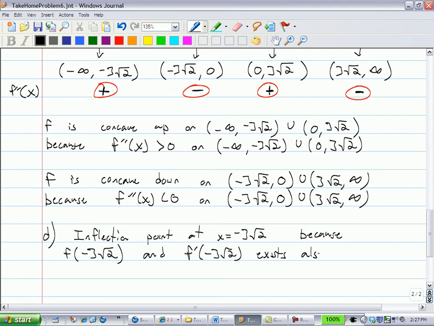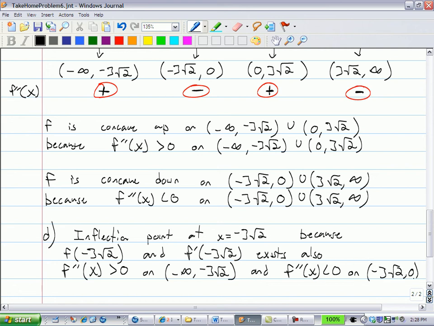Also, f double prime of x is greater than 0 on, now I'm going to show that the concavity changes, so it's greater than 0 on negative infinity to negative 3 root 2, and f double prime of x is less than 0 on negative 3 root 2 to 0.